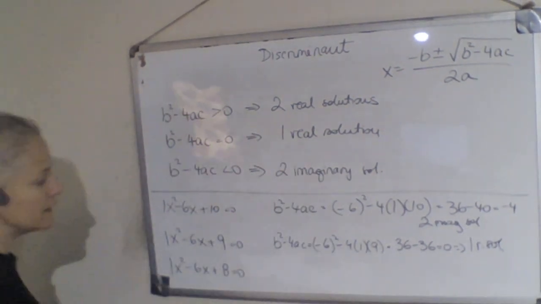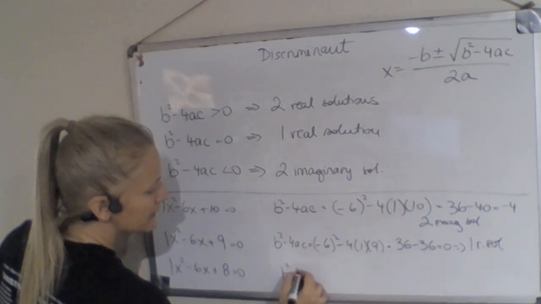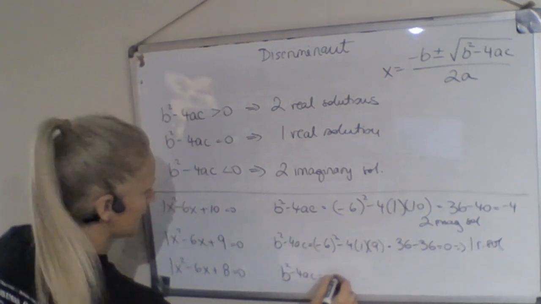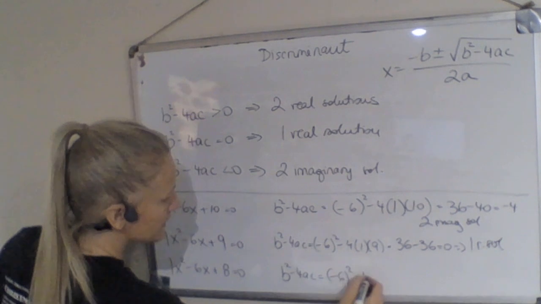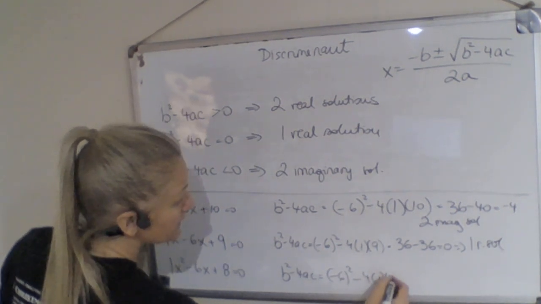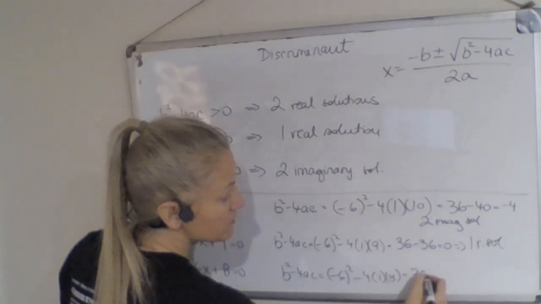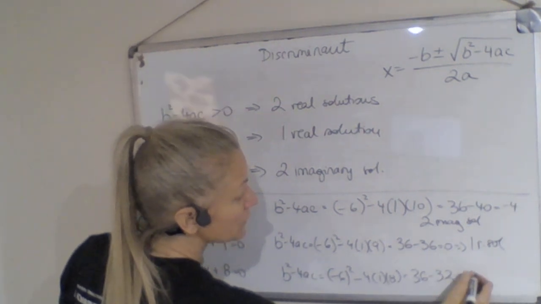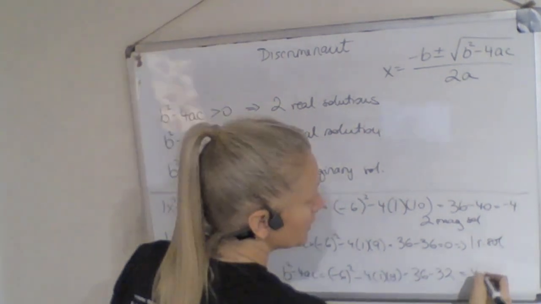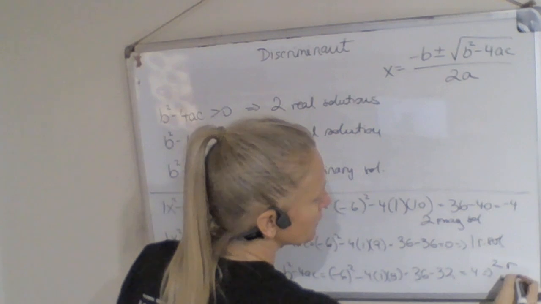And the last one here becomes b squared minus 4ac is negative 6 all squared minus 4 times 1 times 8. This becomes 36 minus 32, which is 4. This is a positive number. I get 2 real solutions, right?